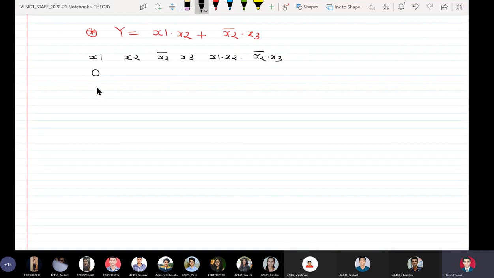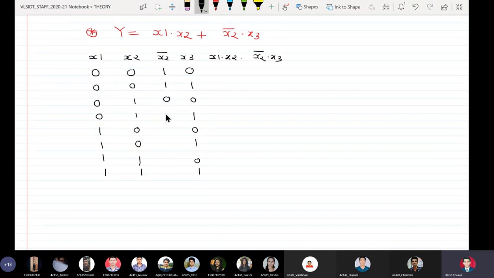So we have 0 0 0 0 1 1 1 1, 0 0 1 1 0 0 1 1, and 0 1 0 1 0 1 0 1, and x2 bar will be 1 1 0 0 1 1 0 0.